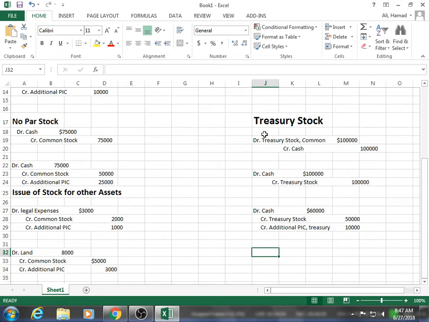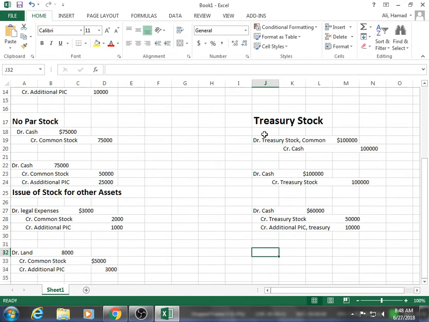What if we don't have enough in the PIC treasury? We're going to come up with a difference. Which account do we have to dip into?